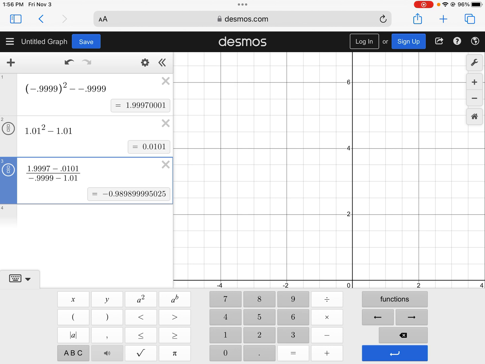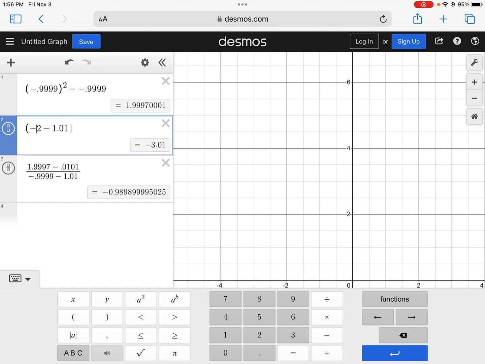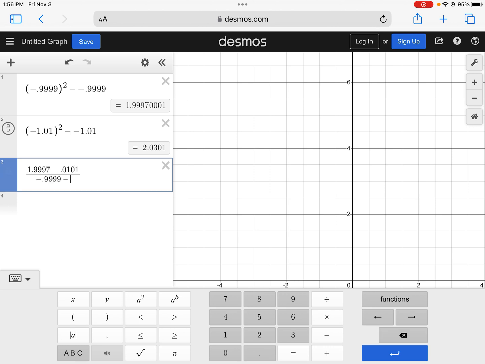Something about this doesn't seem right, because it's at -1. I keep messing up. I'm sorry, this would be on the other side. My bad. Parenthesis, negative 1.01 squared minus negative. That should probably be better, because apparently I can't read my own writing. This is why you should write things out.